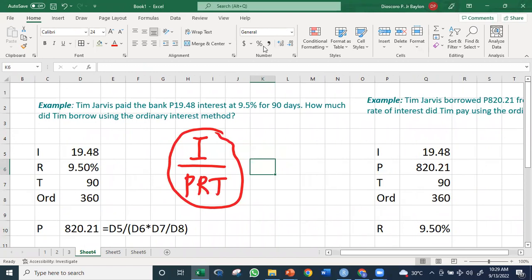All right. Again, once again, guys, let me pause and ask. So far, computing for the rate given the interest, the principal times time. That's pretty straightforward. Just divide, and you guessed right.